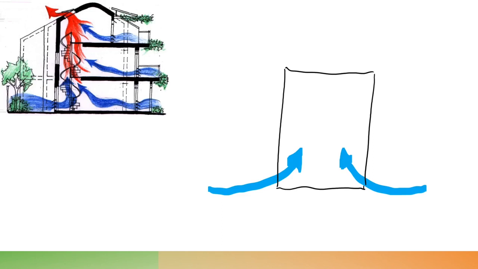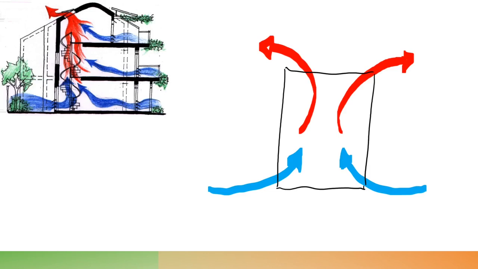It could be air vents, it could be a chimney stack that always acts like a vacuum, sucking air through at the bottom until we get up here, where the air, through convection, is heated up and expelled, and we lose it through the roof and through various ventilation.